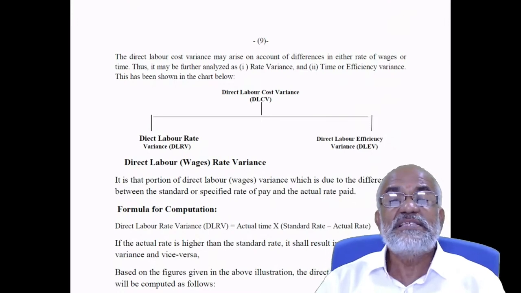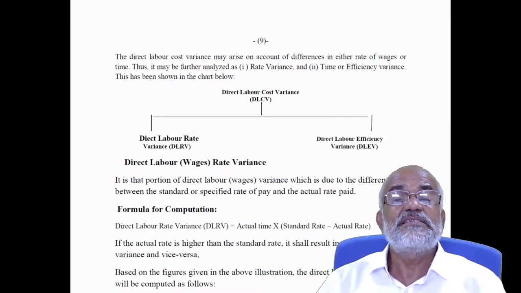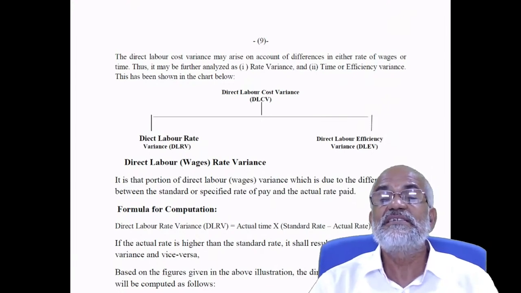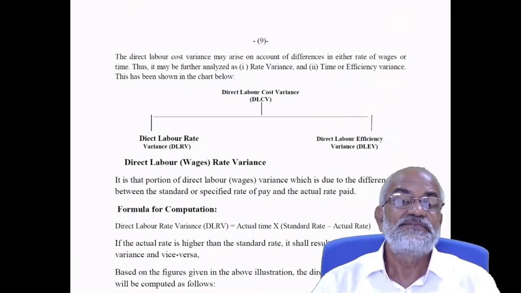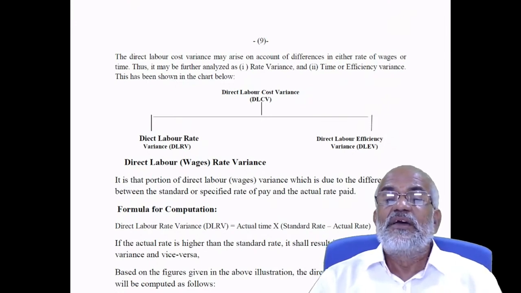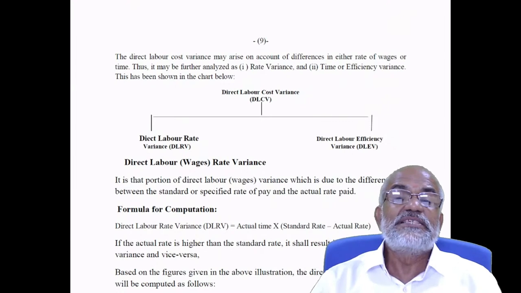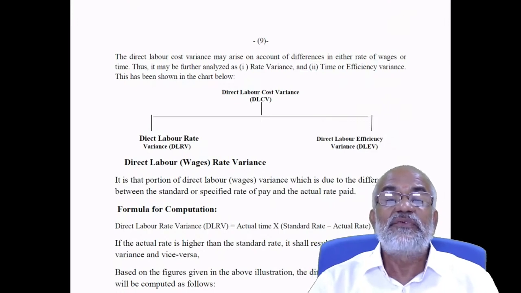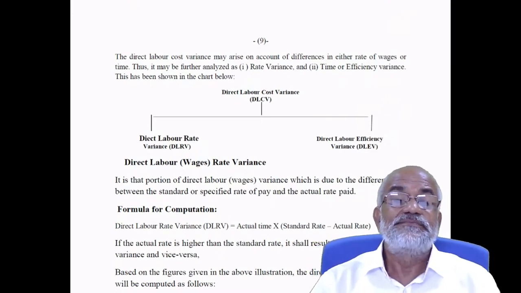Direct labor wage rate variance. Direct labor means direct wages. Direct wages rate variance. Direct wages efficiency variance. It is that portion of the direct labor variance which is due to the difference between the standard specified rate of pay and the actual rate paid to laborers for a particular job.